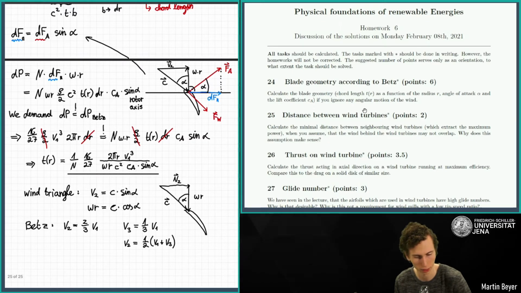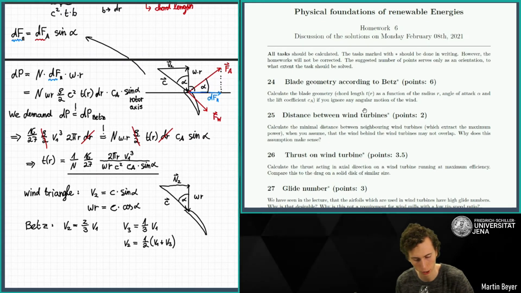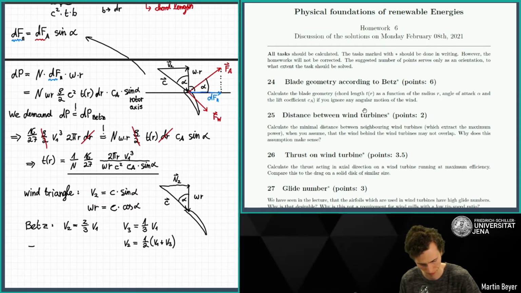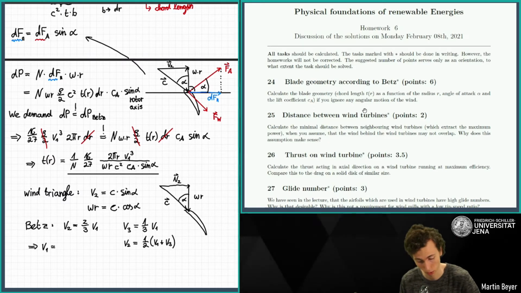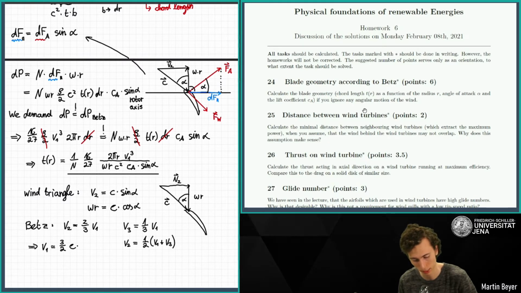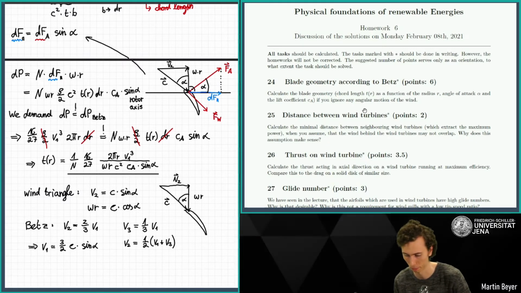So we can find, using this relation for V2 and this for V2 and V1, that V1 can be expressed as 3 over 2 times c times the sine of alpha.